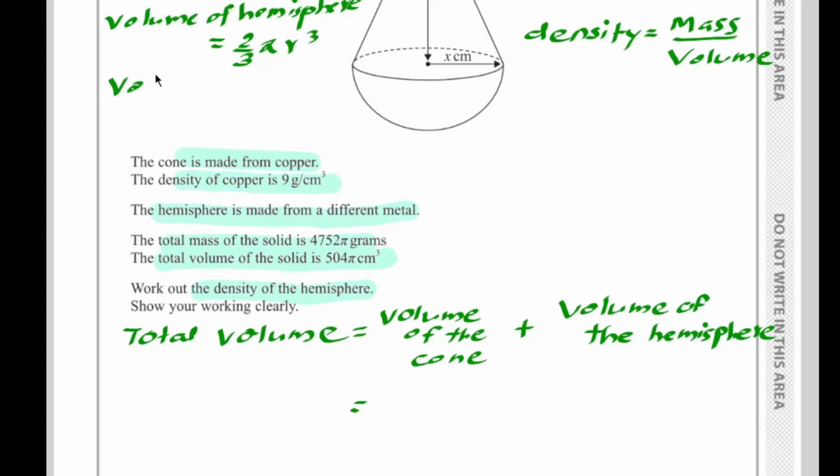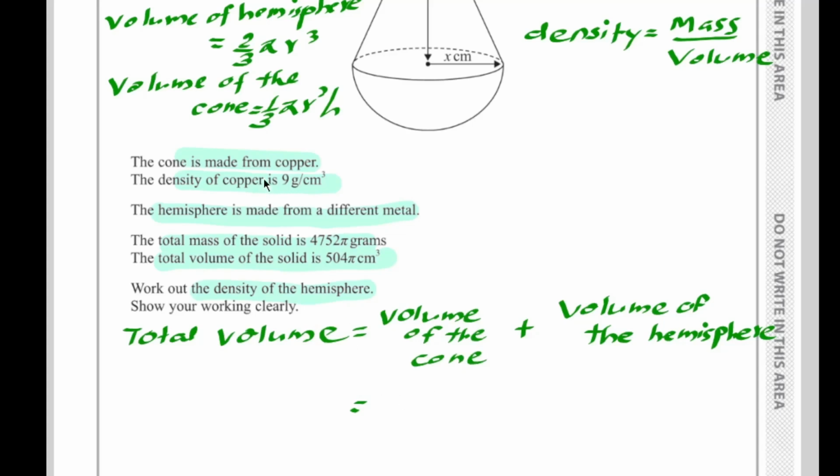Now volume of the cone equals 1/3 pi r squared h. So these are the formulas that we get to use to get the total volume.